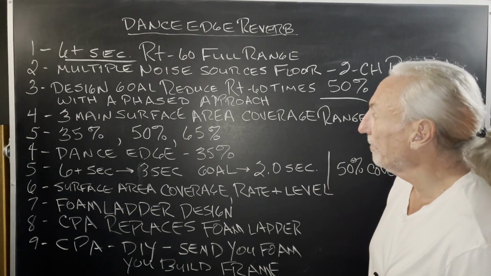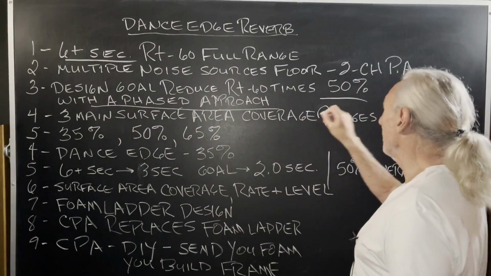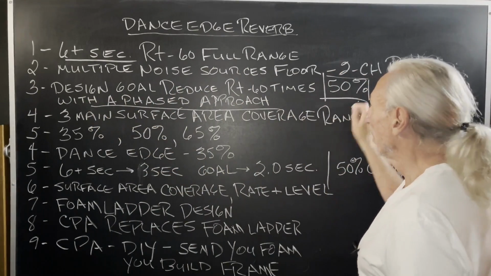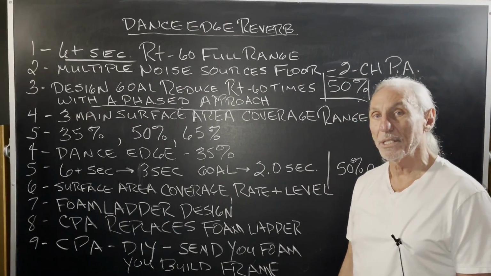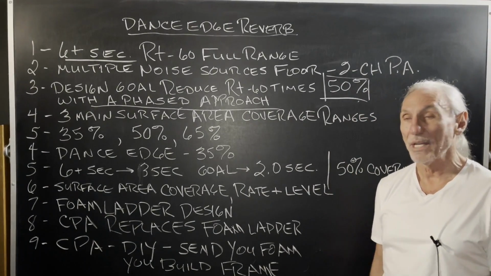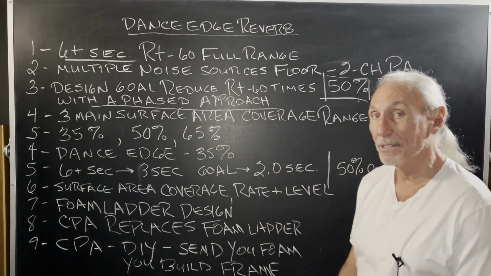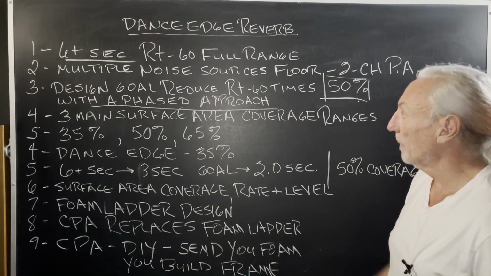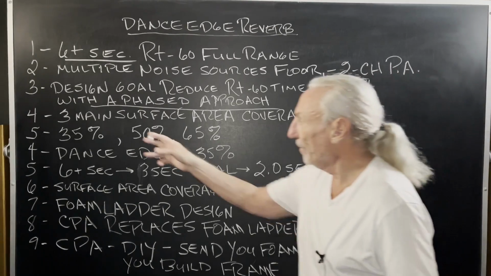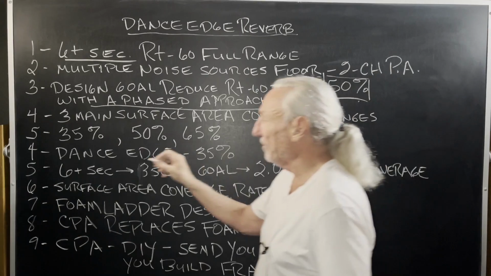That's the goal, right? So most of them are going to do a phased approach. We want to reduce those RT60 times by 50%. That's our first phase design goal. So we want to cut that 6 seconds to 3 seconds. That's what we want to do, all right? So we have 3 main surface area coverage ranges that we have to consider.